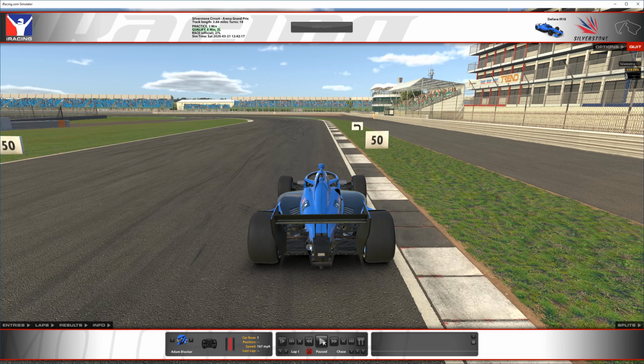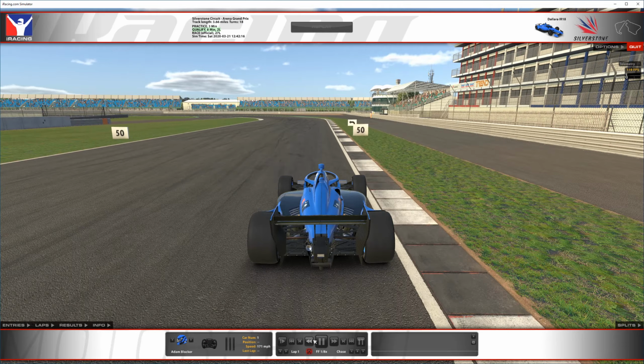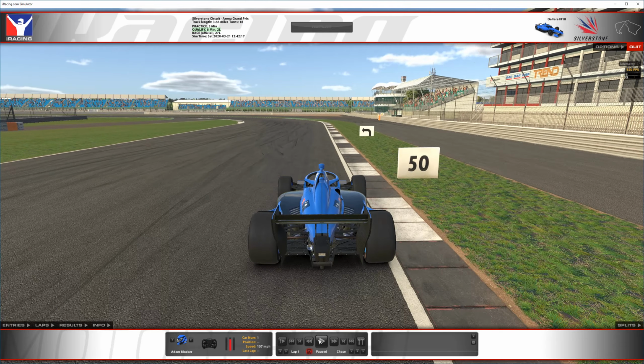Obviously, first with all these things, I try a couple different braking styles, like maybe ease into the brakes. Like you see here, I've got into the brakes very aggressively, but maybe you could try easing into the brakes a little bit more just to see if it goes away.